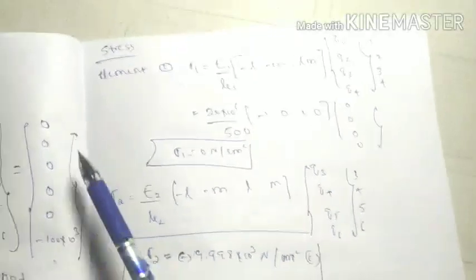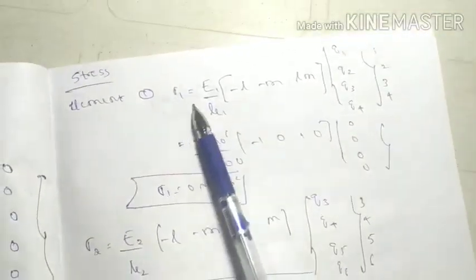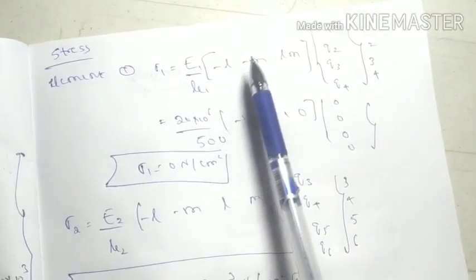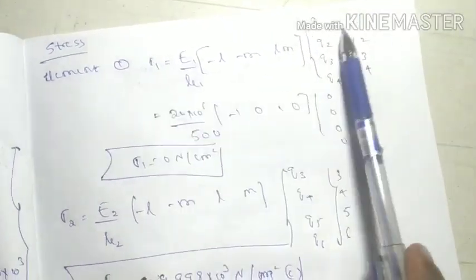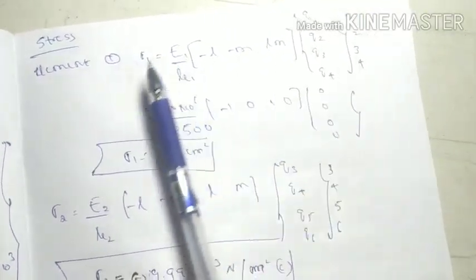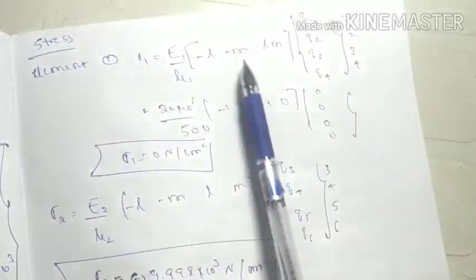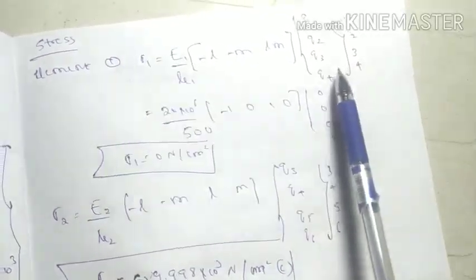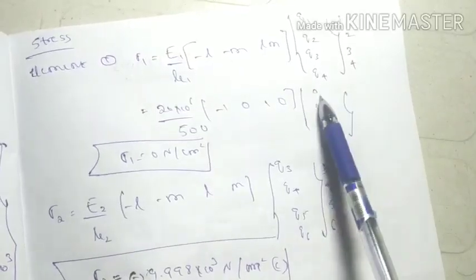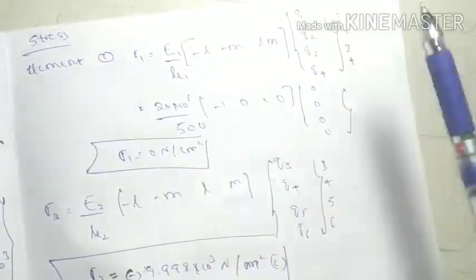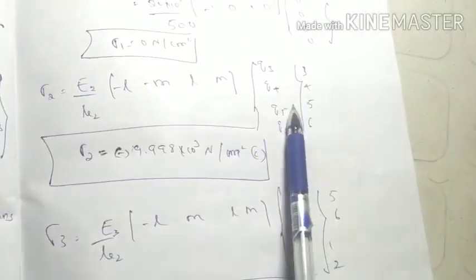And finally calculate stress for element 1, that you know: sigma 1 is E1 by LE1 into minus L, minus M, L, M times Q1, Q2, Q3, Q4. You substitute the corresponding values of direction cosines, E1 and LE1 as well as nodal displacements. All the nodal displacements are 0, therefore finally sigma 1 also becomes 0. Similarly sigma 2, substitute the values. The nodal displacements are Q3, Q4, Q5, Q6.